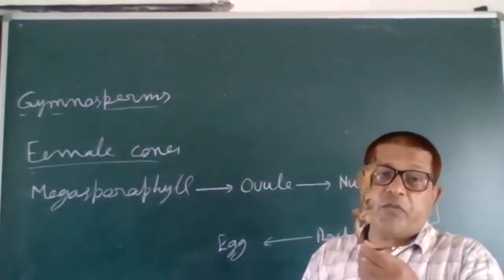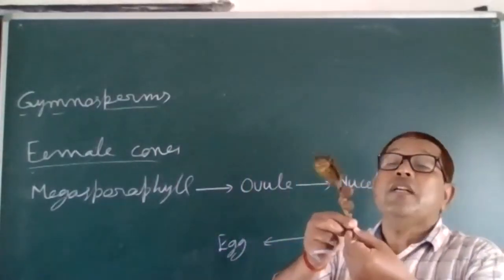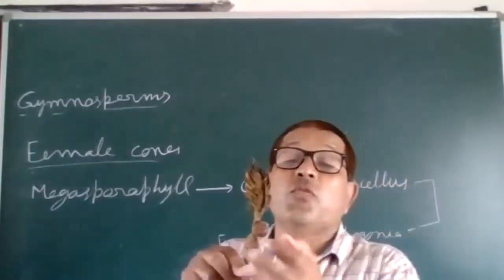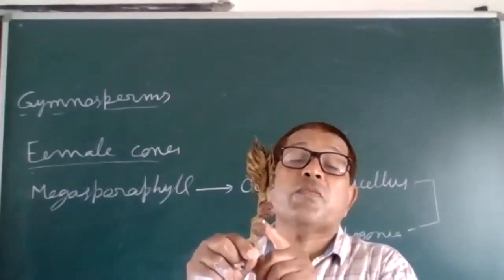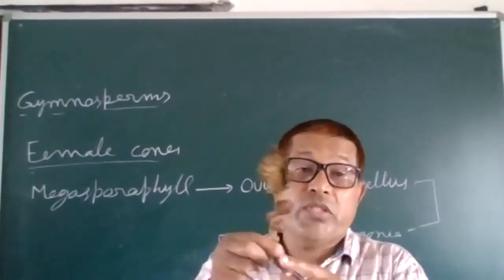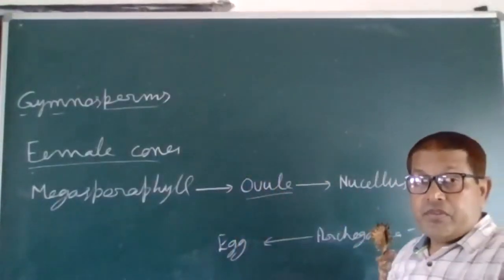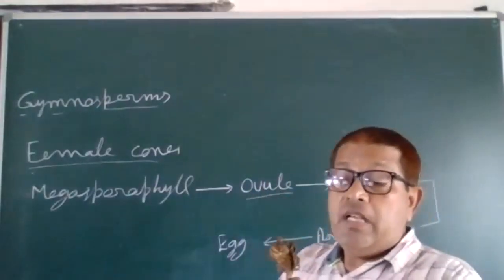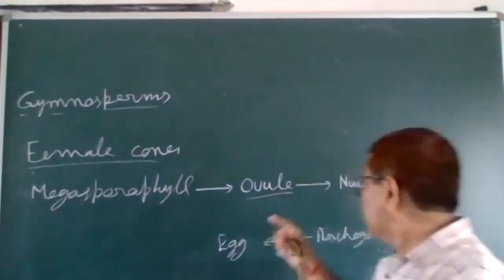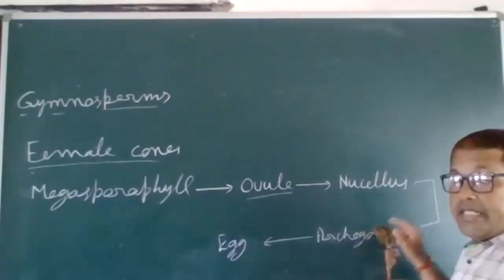This one megasporophyll contains ovules. This is the red colored structure. You see this ovule, one ovule there, one ovule there. So these are the ovules, and in this ovule there is nucellus.